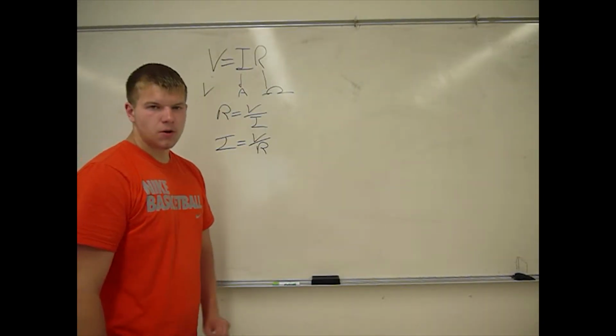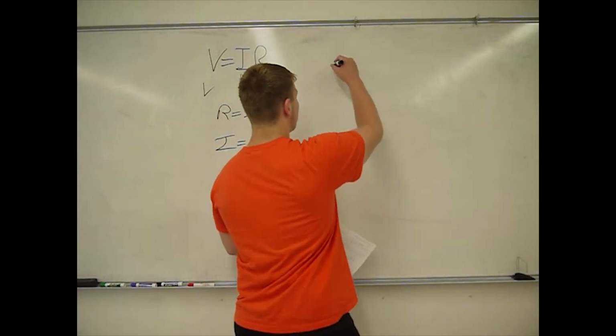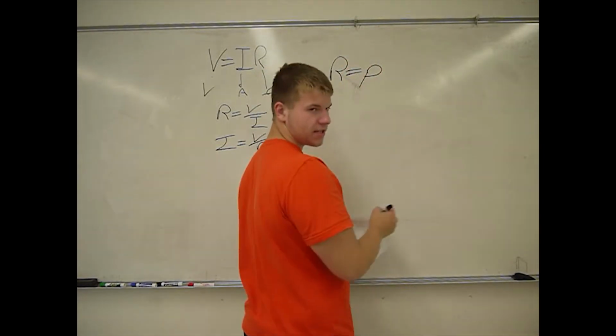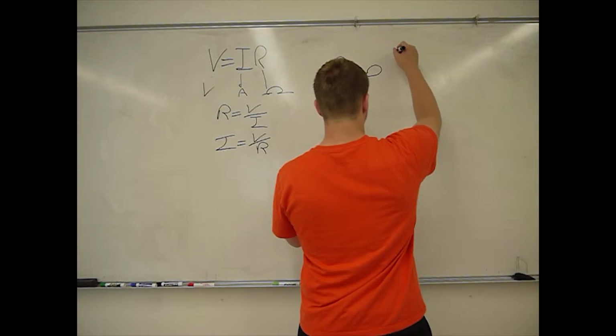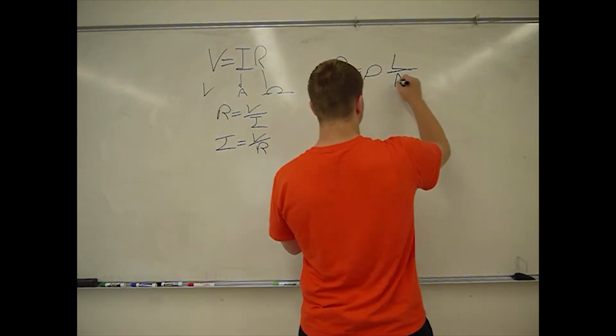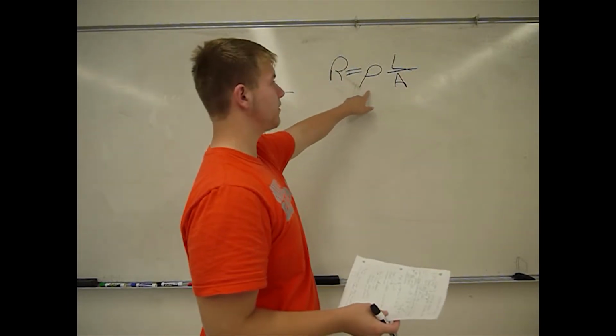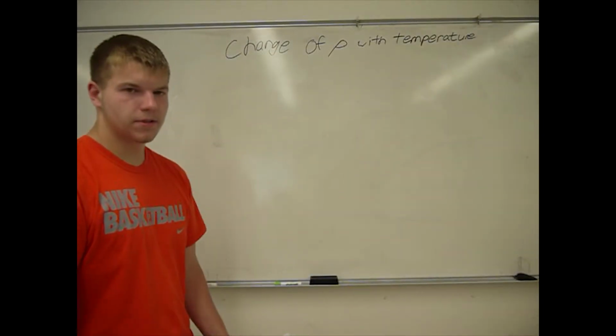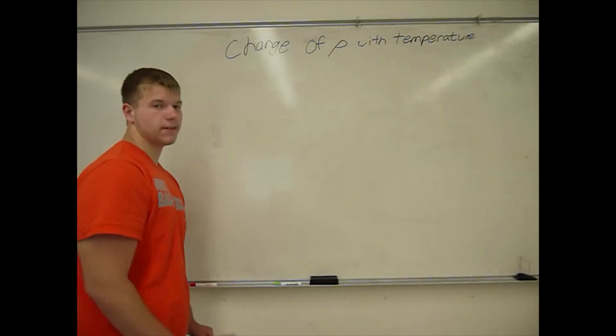From there, we're going to go deeper into resistance. R equals rho, which is resistivity, times L over A. So rho, the resistivity, times the length over the area. Now we're just going to dip into the quick little correlation between resistivity and temperature.